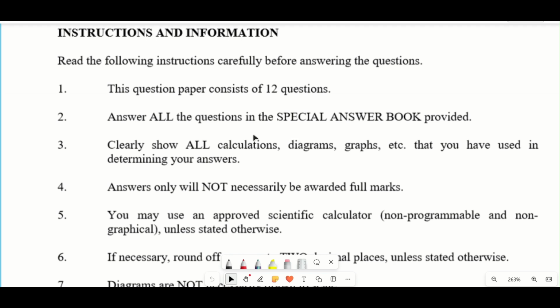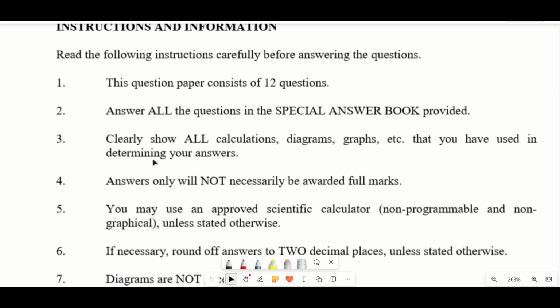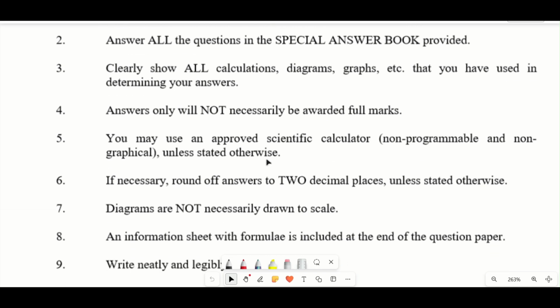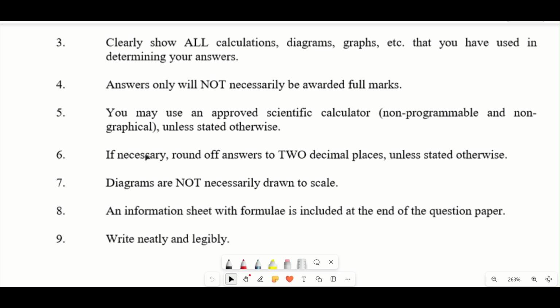Answer all the questions in the answer booklet, and clearly show all calculations, diagrams, graphs, etc. that you have used. Answers only will not necessarily be awarded full marks. You may use an approved scientific calculator, non-programmable and non-graphical, unless stated otherwise.